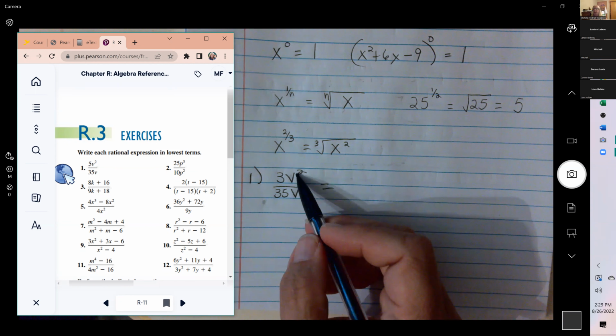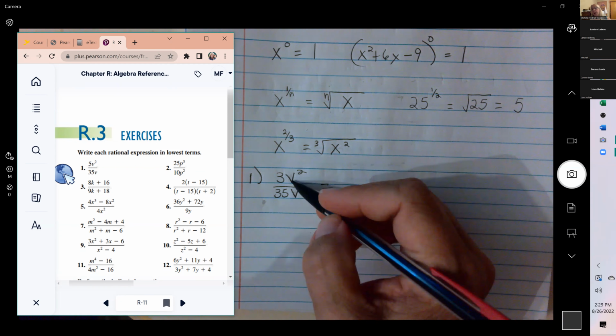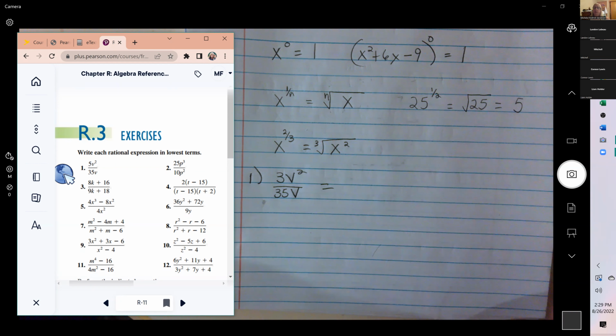But we can reduce the v's. There are 2 ways you can think of it. There's 2 on top and 1 on the bottom, so I'm canceling 1 and leaving 1 on the top.